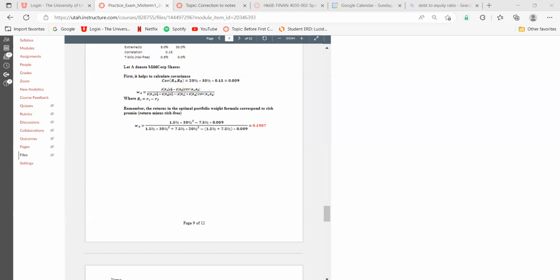Oh, and I'm missing a parenthesis in that formula. Where are you missing it? There we go. It was after the 0.009 in the numerator. Okay.